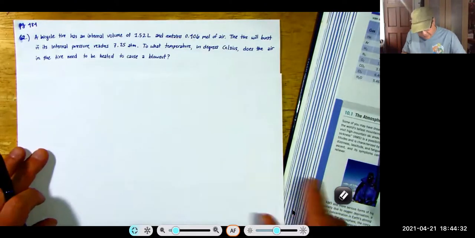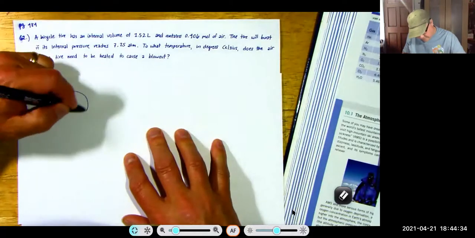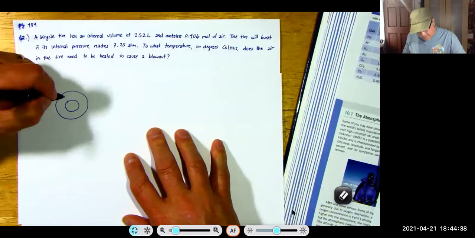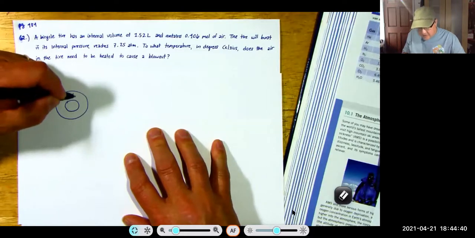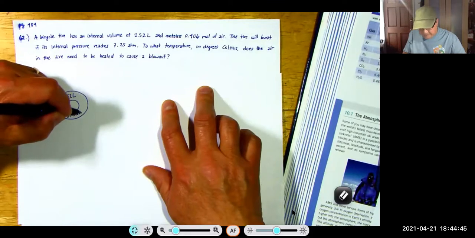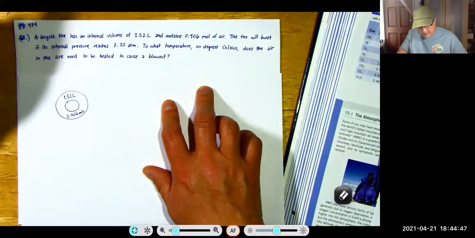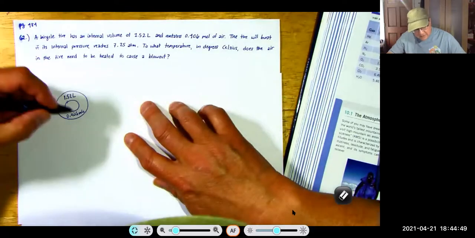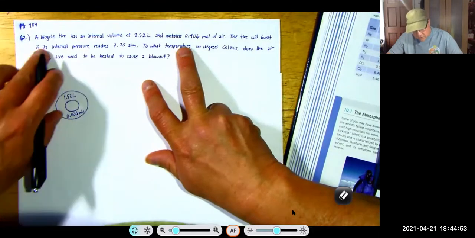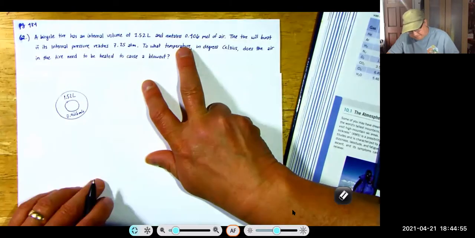Okay. So we've got a tire. Here's the rim. And inside here, we have 1.52 liters. We have 0.406 moles of air. And here, the internal pressure, well, we don't have that right here.